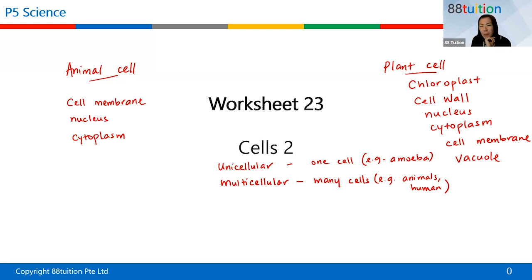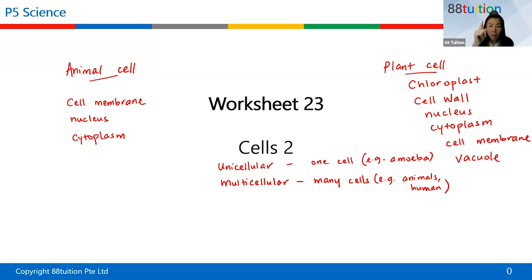Because of the chloroplast, it can photosynthesize. What is the meaning of photosynthesize? When plants photosynthesize, they make their own food. Good. Yes, to produce food, to capture sunlight, to make food for the plant.